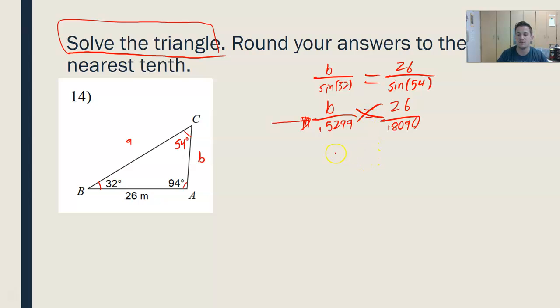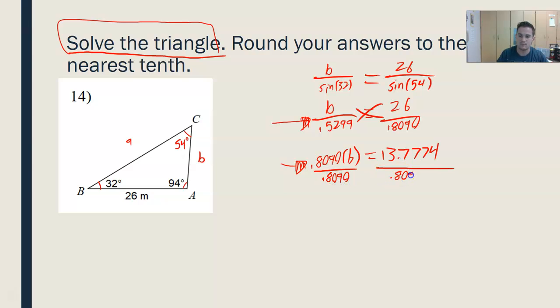Then I'm going to cross multiply. And I get 0.8090 times B equals 26 times 0.5299, which is 13.7774.